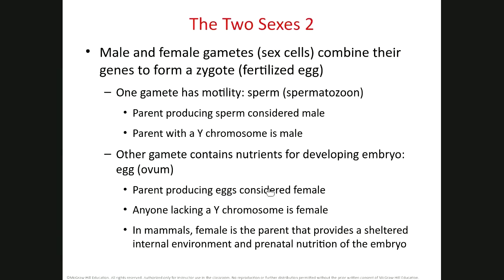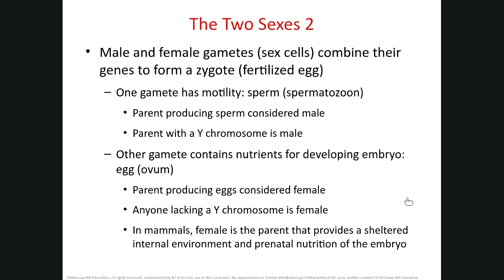In mammals, which a human being is, the female parent is the one that provides a sheltered internal environment and prenatal nutrition of the embryo. Keep note that in seahorses, another species different from us, the eggs are given to the male, and the male provides a sheltered environment till the eggs are hatched. Interesting.